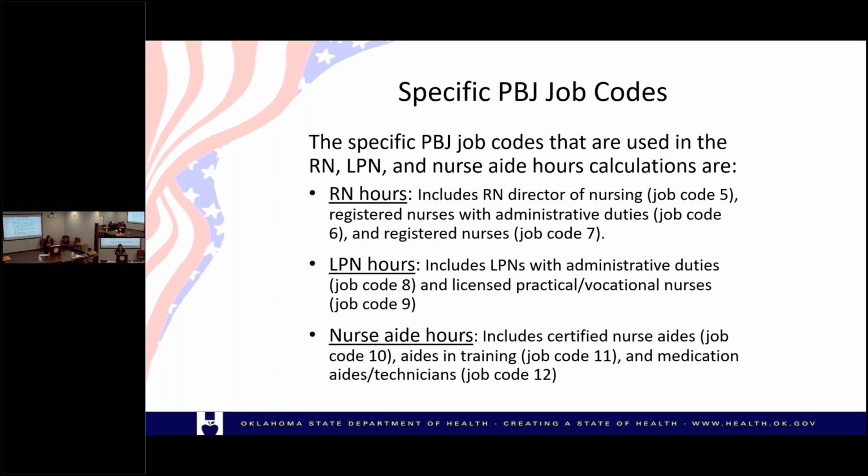So the payroll-based journal, which you'll hear referred to as PBJ, is fairly new. Nursing homes had to start reporting their staffing data and payroll data as of April 2018.